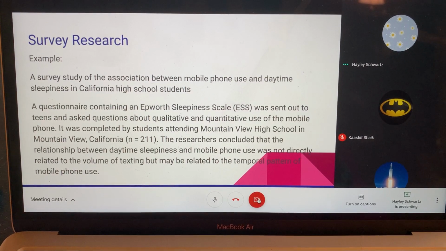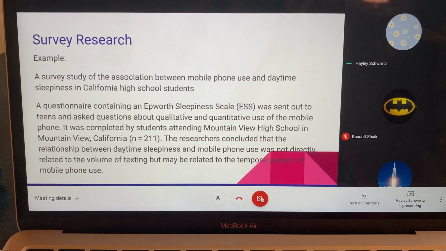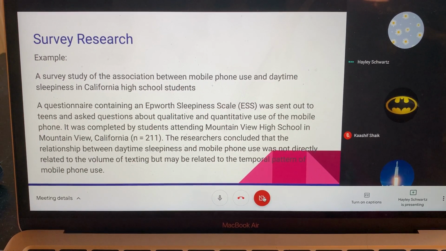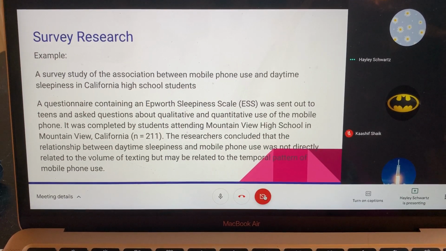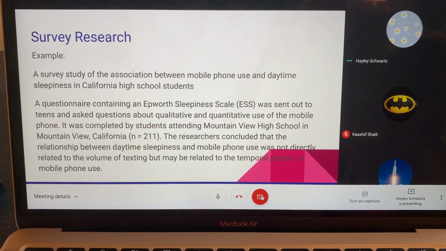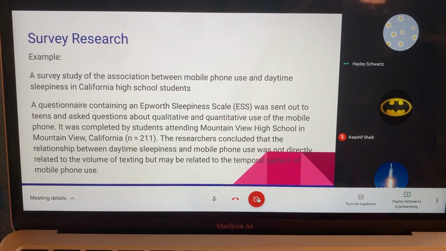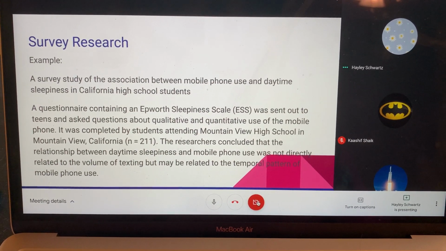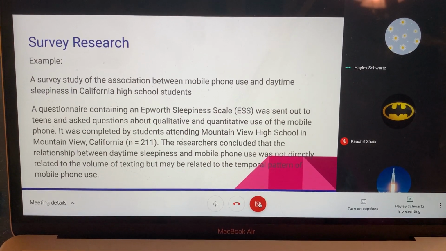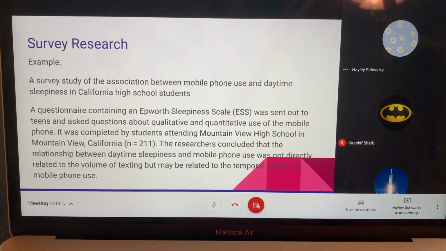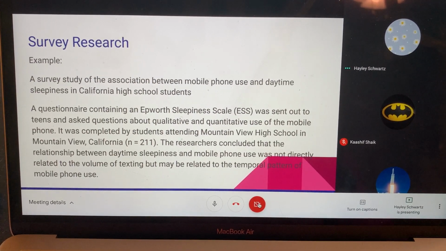It was completed by students attending Mountain View High School in Mountain View, California, and the sample size was 211 students. The researchers concluded that the relationship between daytime sleepiness and mobile phone use was not directly related to the volume of texting, but instead was related to the temporal pattern of mobile phone use.